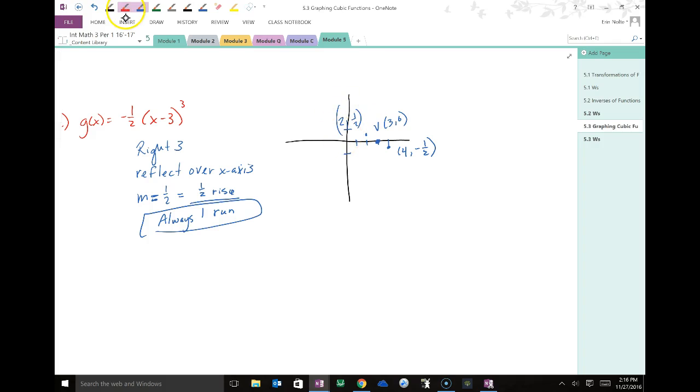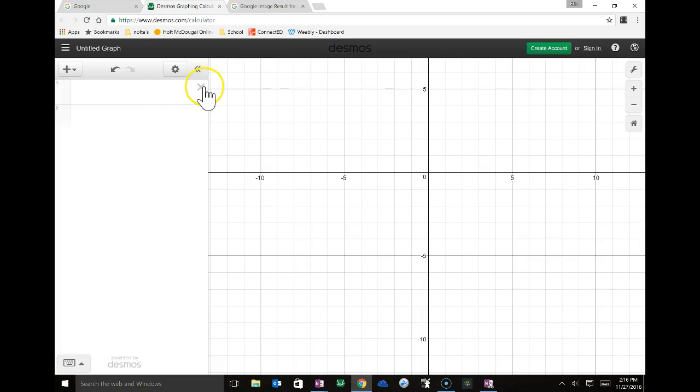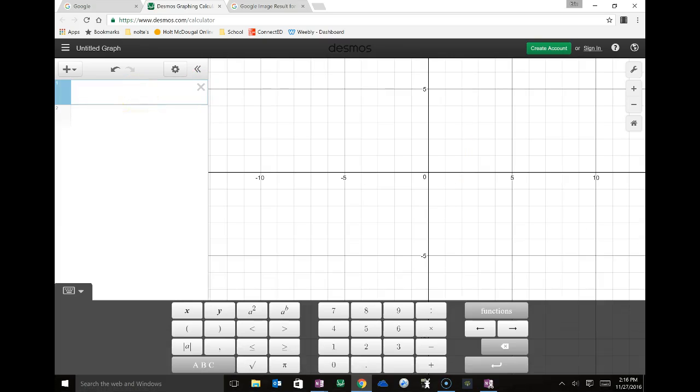So now when I draw this John Travolta, it's going to be a little bit wider than the normal John Travolta. Again, you can check that on Desmos if you want, to make sure that we are getting those same points. So we have negative 1/2 x minus 3 to the 3rd.